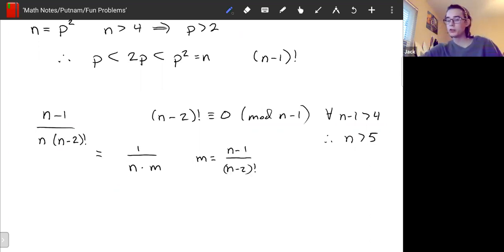And we know m's an integer because we have this right here. So since n minus 2 factorial is congruent to 0 mod n minus 1, that implies that m, which is equal to n minus 1 divided by that factorial, is an integer, so that this original coefficient, when put into lowest terms, has a numerator of 1. And now we have covered every single coefficient, and that's it.